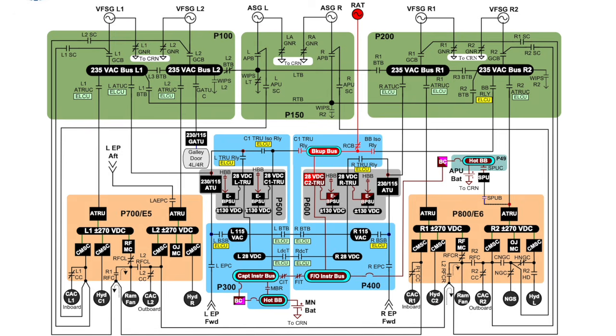For loss of electrical power, each bus power control unit, BPCU, signals RAT deployment from the Common Computing System, CCS, about 15 seconds after either continuous loss of 235 volt AC on both the main L1 and the backup buses, or a continuous loss of 235 volt AC on the backup bus and the left auto transformer unit contactor, the LATEC, is open.